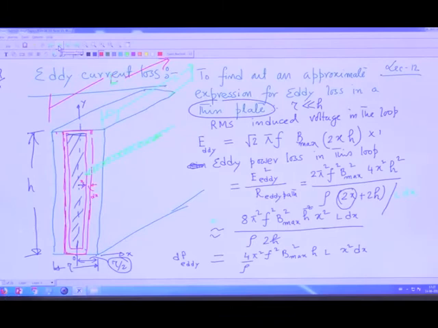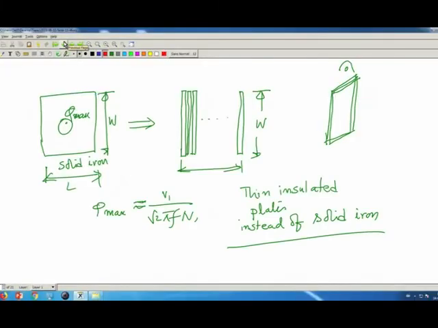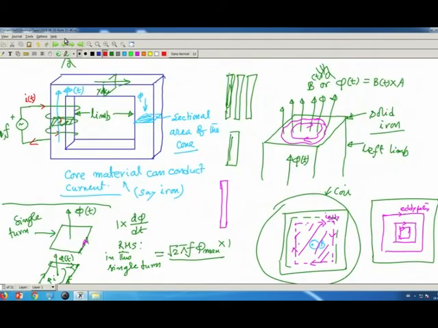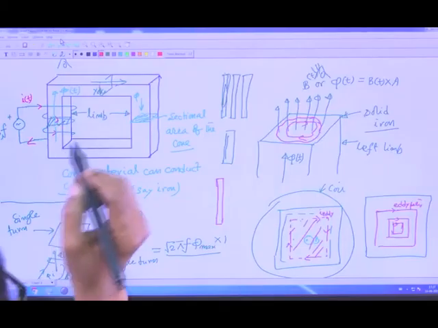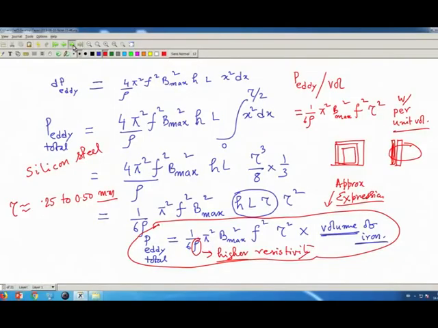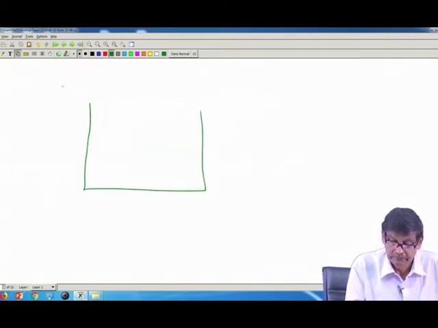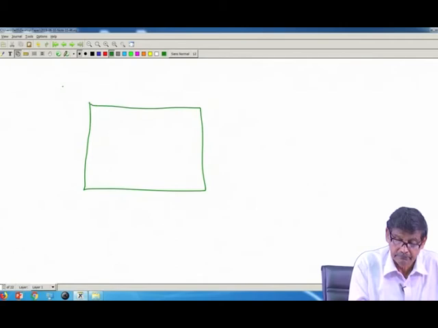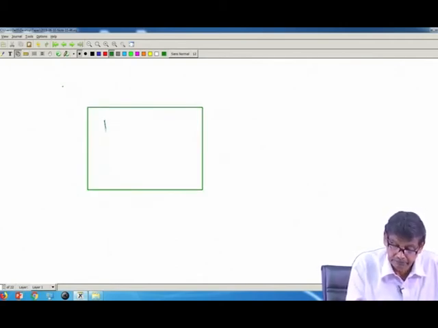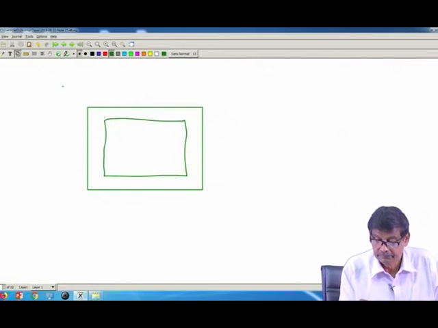It was necessary to derive because of the transformer, if you go to the previous page.